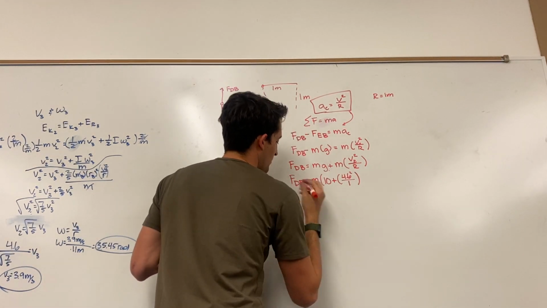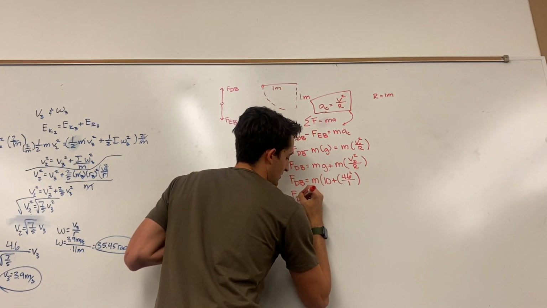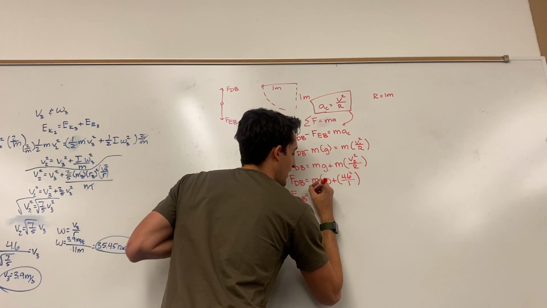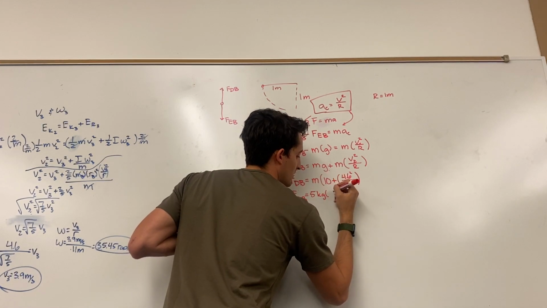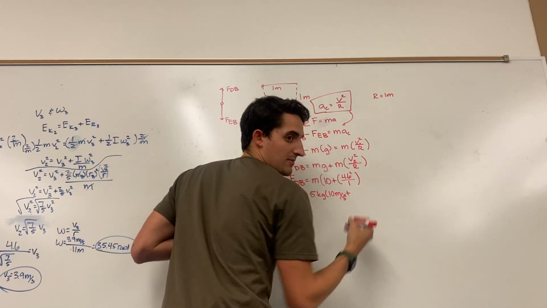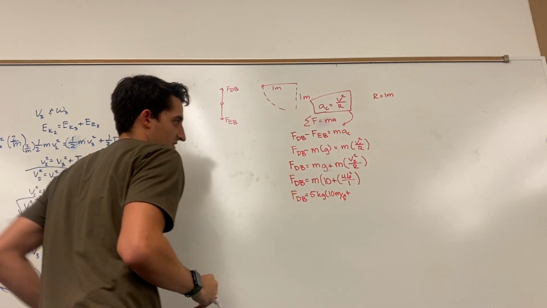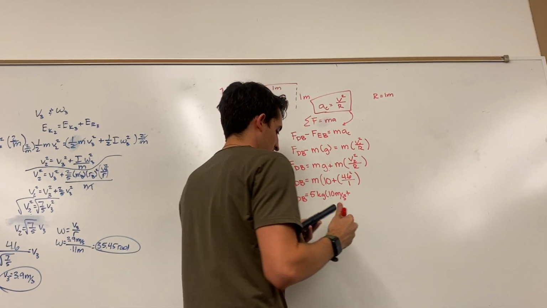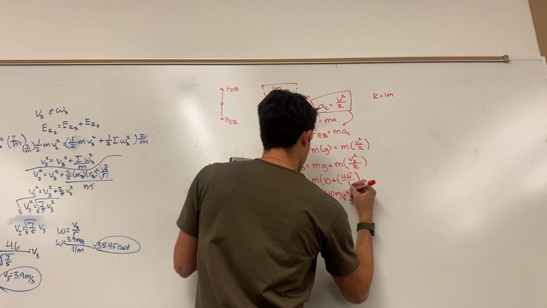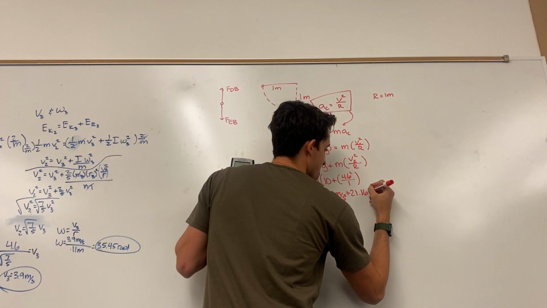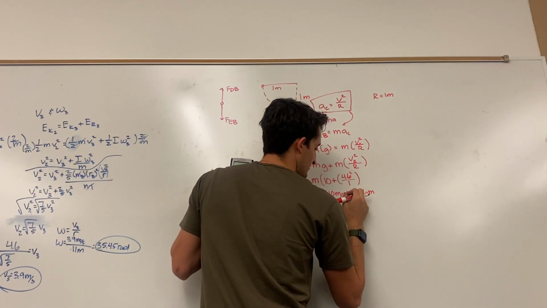Then the mass of the ball is 5 kilograms, times this, plus, to get this really quick, 4.6 squared, it's going to be 21.16.